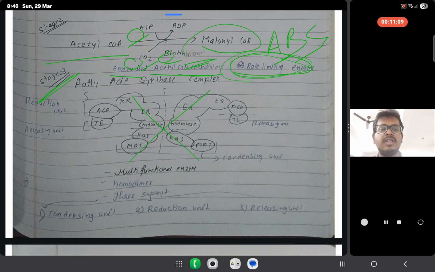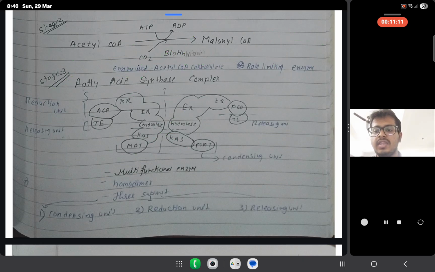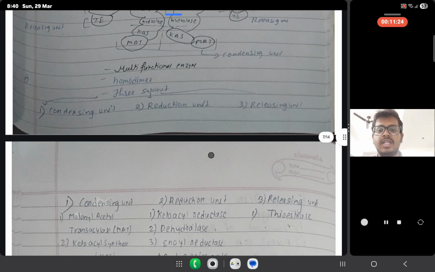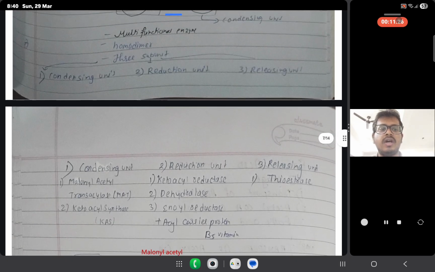This is the structure: the upper part is the reduction unit, this is the releasing unit, and this is the condensing unit. We have already discussed this. This is a multifunctional enzyme because it has many units: a condensing unit, a reduction unit and a releasing unit.